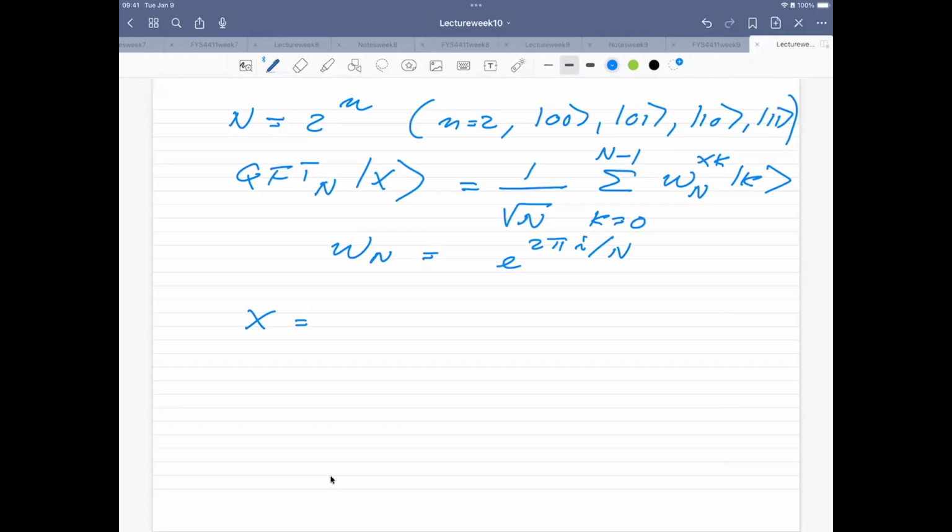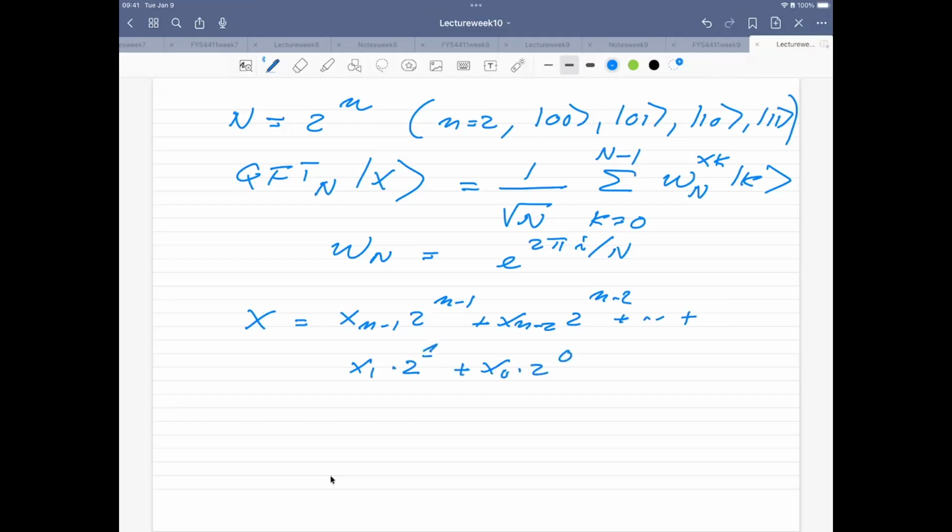But if we take the integer representation, what we have then would be something like x_{n-1} times 2 to the power of n minus 1, plus x_{n-2} times 2 to the power of n minus 2, etc., all the way down to x1 times 2 plus x0 times 2 to the power of 0.